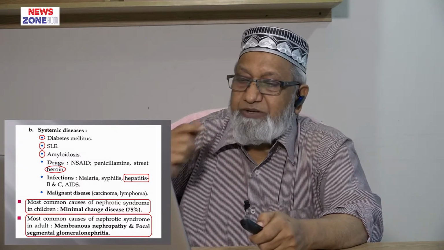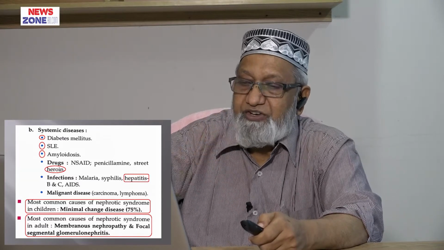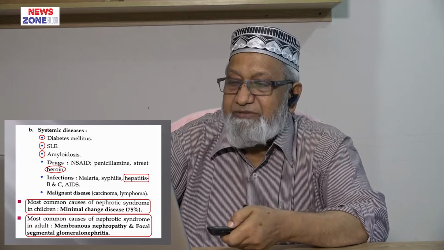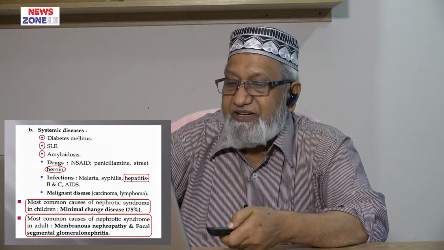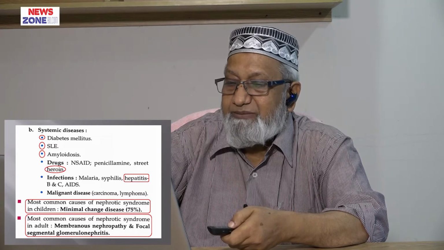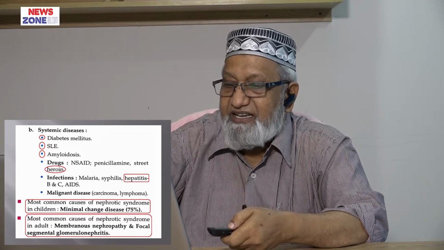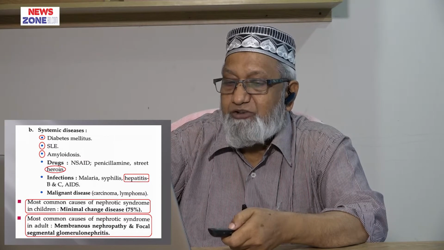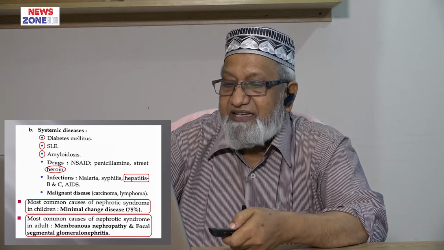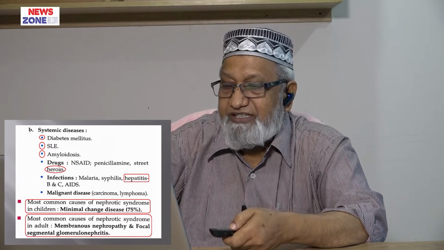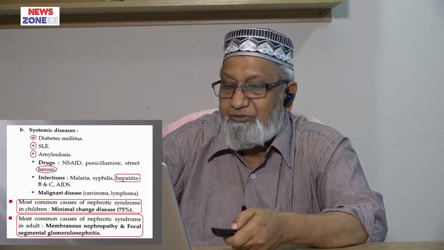Most common cause of nephrotic syndrome in children is minimal change disease, more than 75%. Some books write more than 80%. Most common causes of nephrotic syndrome in adults are membranous nephropathy and focal segmental glomerulosclerosis.